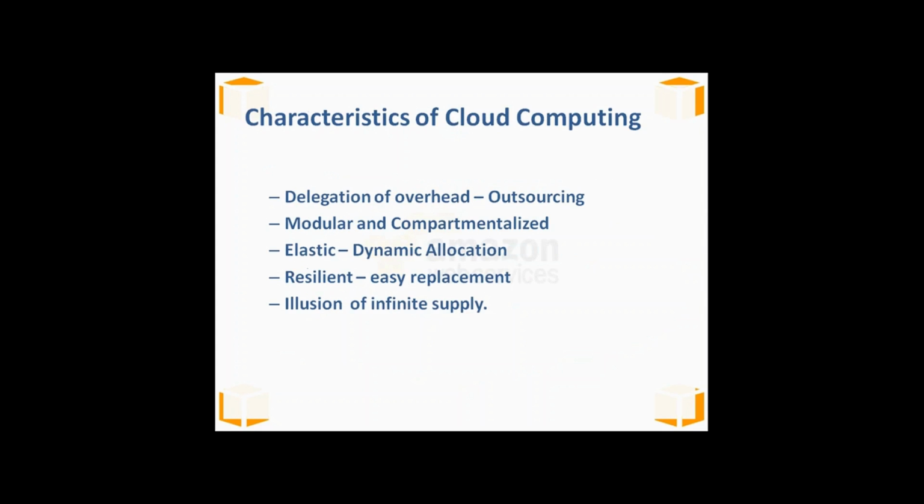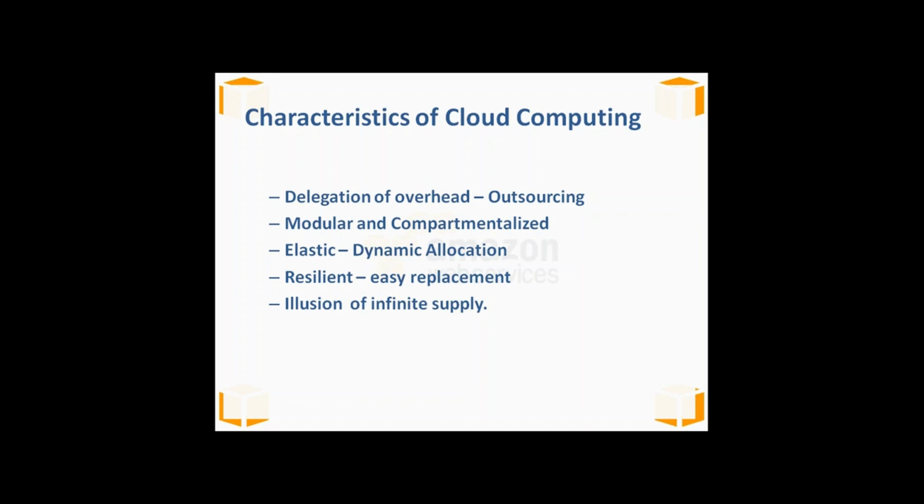Now let's go ahead. This is one of the characteristics we have talked about. And because of this outsourcing, we're going to come across other characteristics, such as modular as well as compartmentalized. What exactly does modular mean? Modular means that as the generations grow, you can add many resources into a cloud.